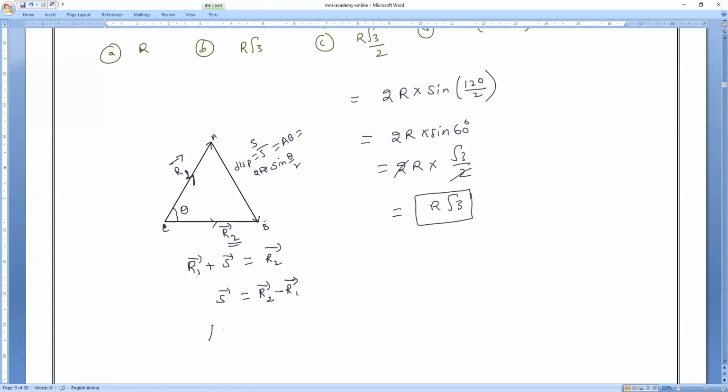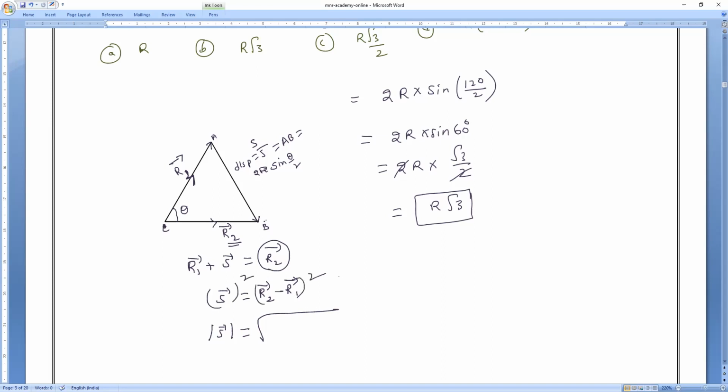Now, if we take the magnitude of this, magnitude means both the sides square we have to do. The square on this side will become root. This is square and this is also square.